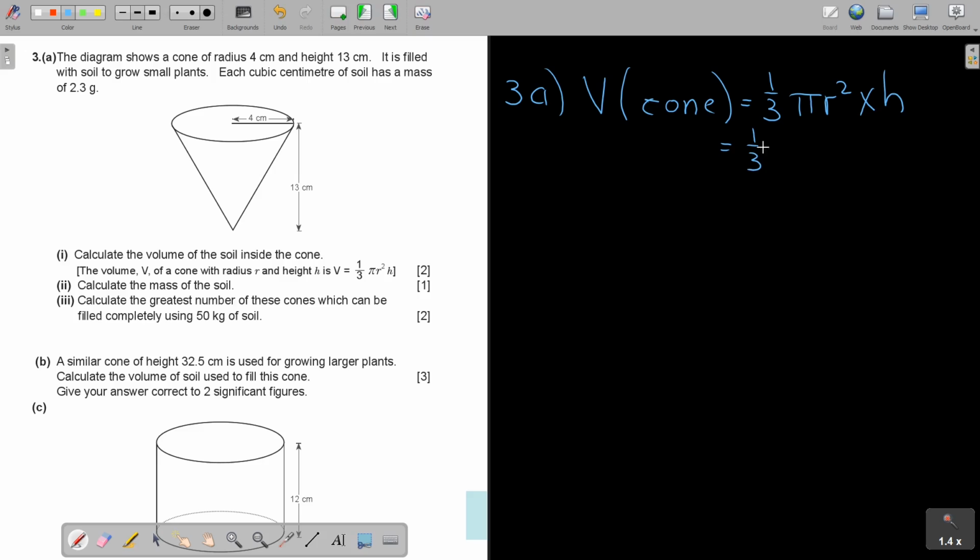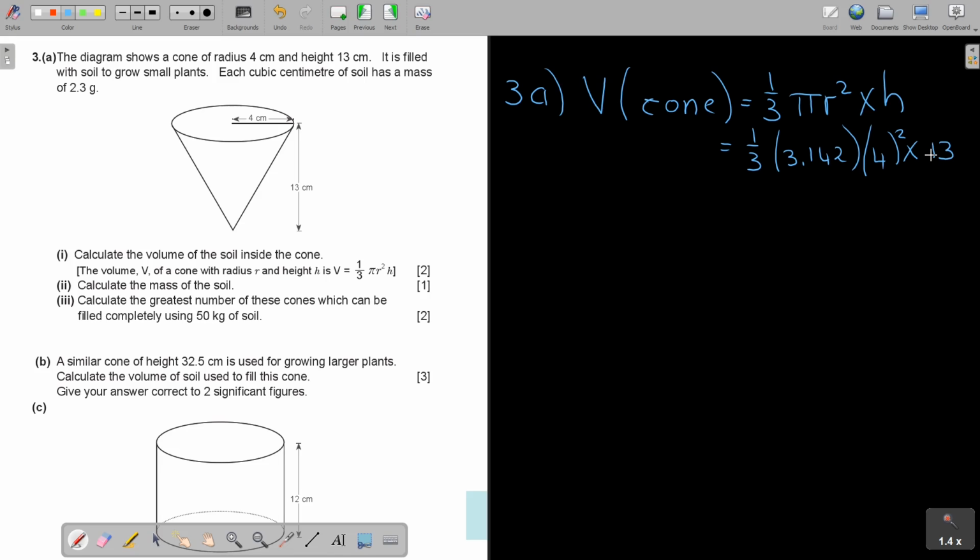So it's a third. I like working with 3.142, but you can work with the real pi in your calculator. And the radius is 4, and the height, and remember, this height is referring to the perpendicular height, which is 13.